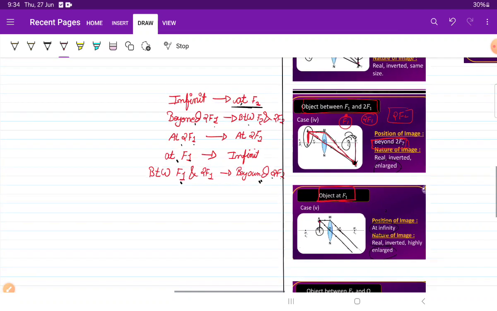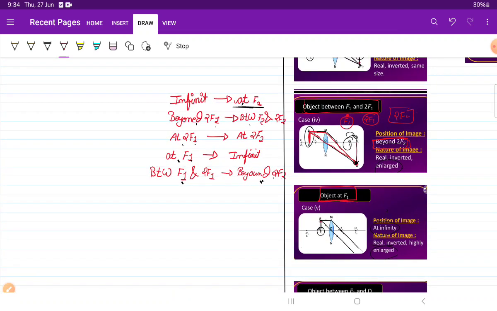Okay, I hope that is clear to you all. Now there is good news for you all, that I have made a short trick to remember all the 6 cases in just 2 minutes, for a lifetime.